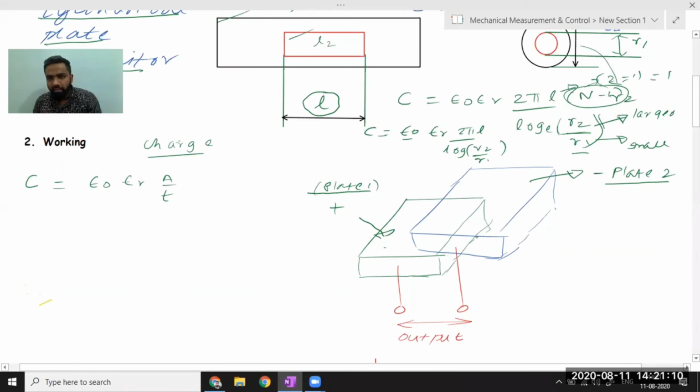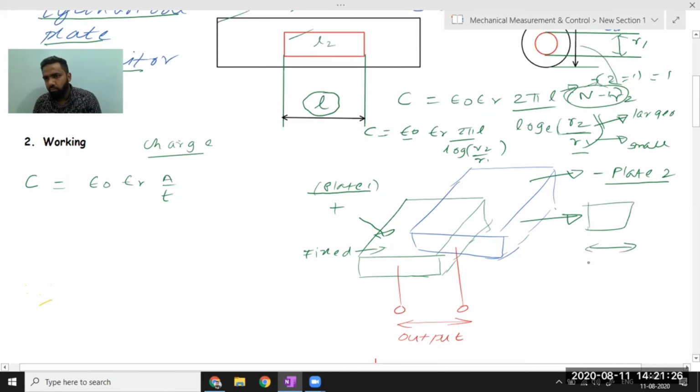Suppose this plate is fixed, and this plate is movable, attached to the system which is going to move to and fro.